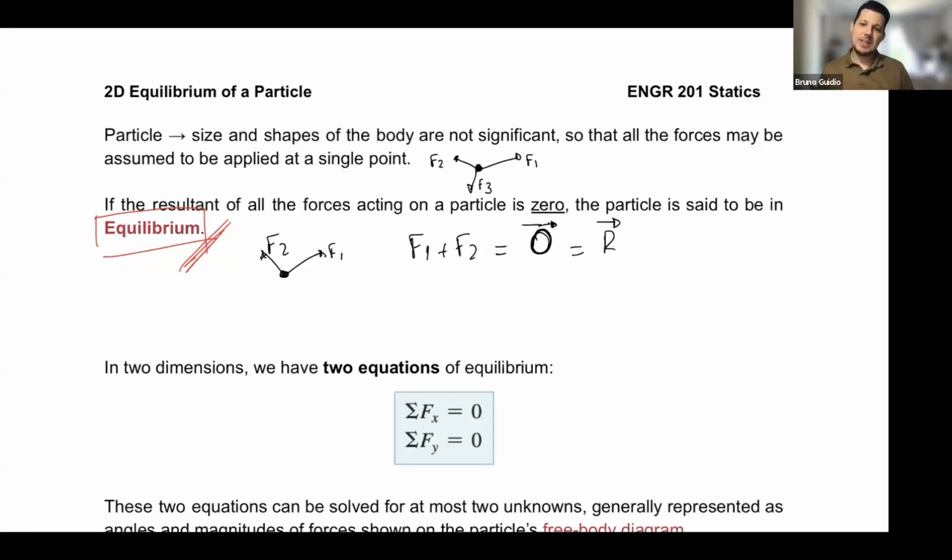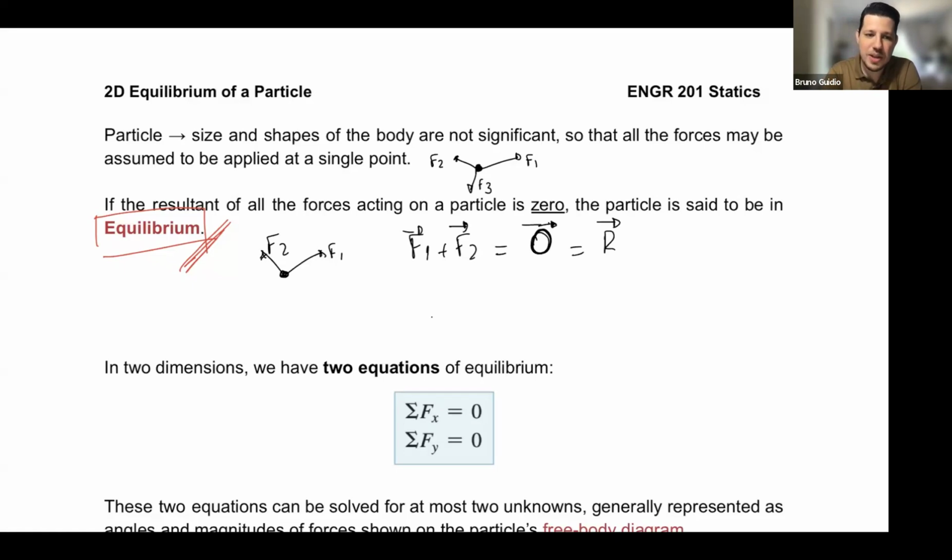And if you get, for example, that rule that we talked about, F1 plus F2, those vectors, whenever we have vector F1 and vector F2 right here, they're going to sum to 0.